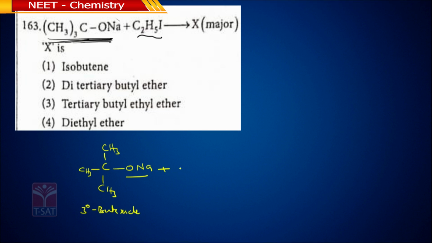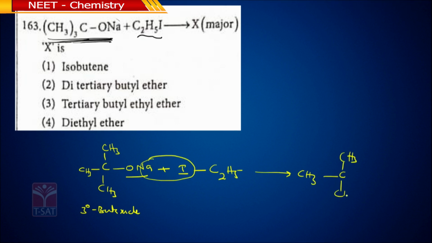When it reacts with C2H5I, ethyl iodide, simply NaI is removed, so as to get CH3, C, CH3, CH3 and O(C2H5). This is tertiary butyl ethyl ether.